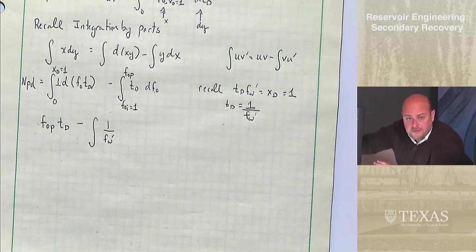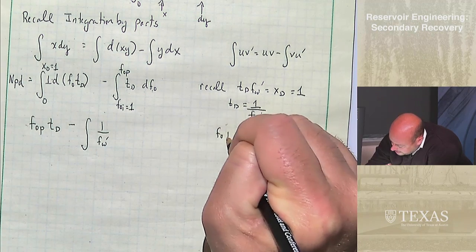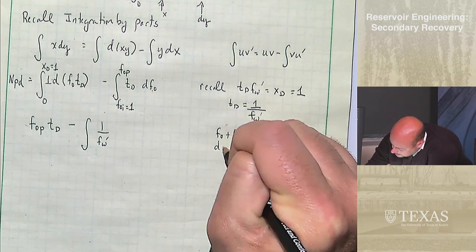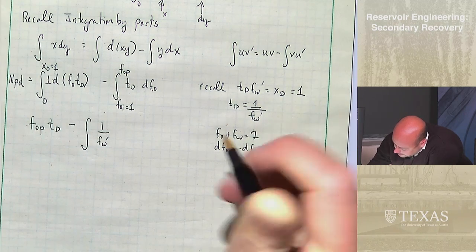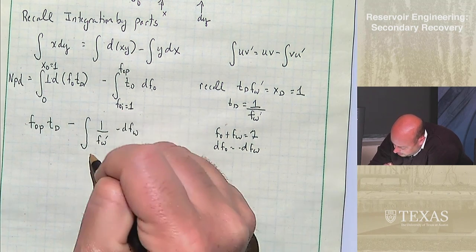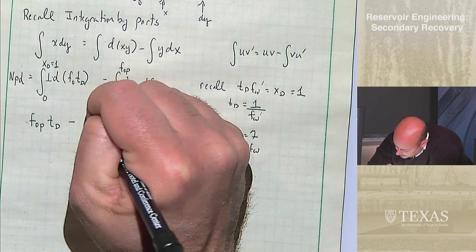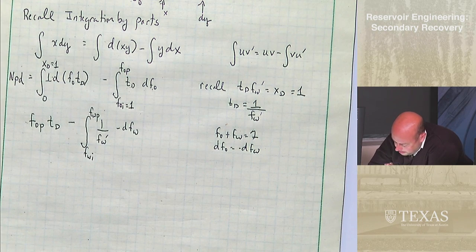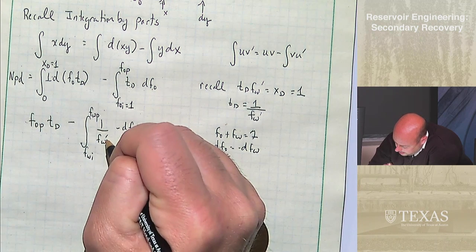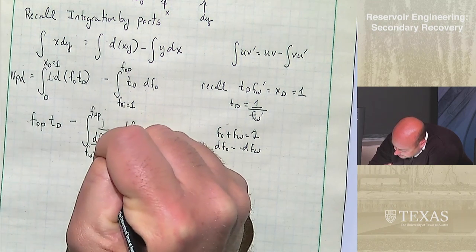And since I'm putting this in terms of FW, I don't really like my DFO. So because FO plus FW is 1, DFO is minus DFW. So I'm going to put a negative DFW. And then my limits of integration are not going to be FOI, but FWI now, because I've switched this here. And this will be FW at the producer well. FW prime, I'm going to rewrite that as DFW DSW.